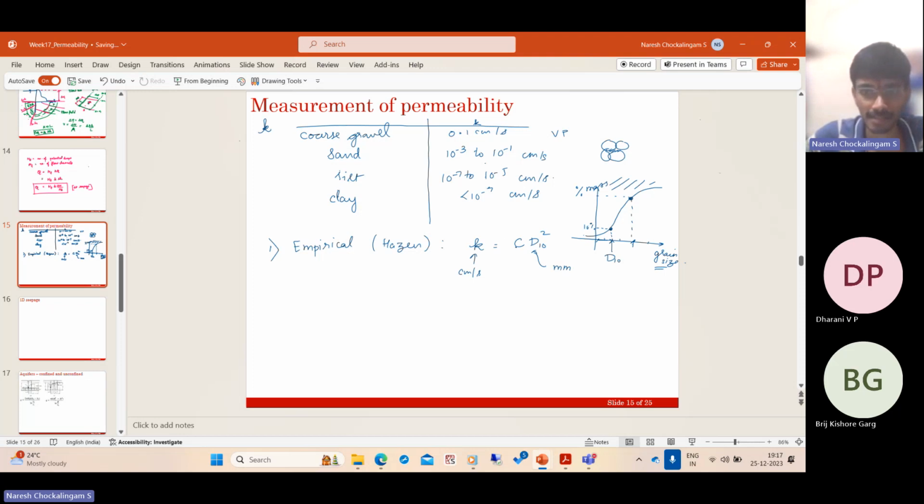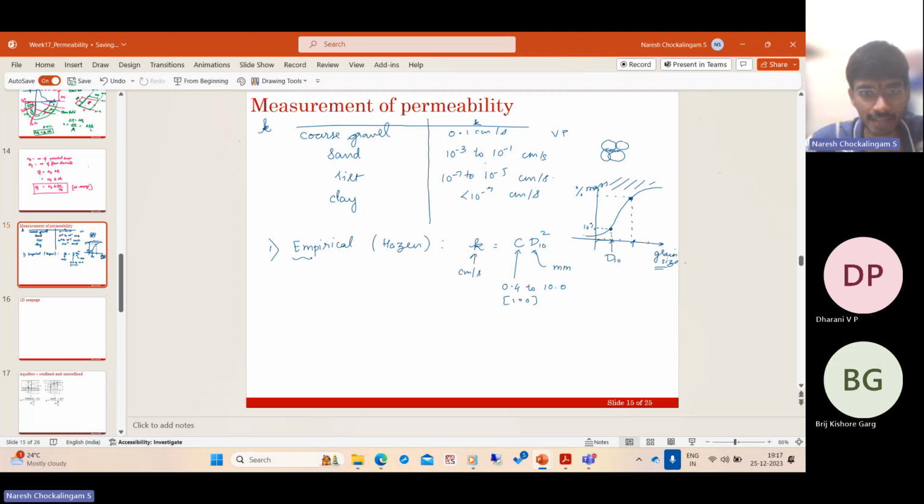And C is usually between 0.4 to 10. It has weird units, as it's an empirical relation, say centimeters per mm square per second. On average, you can take the value to be 1.